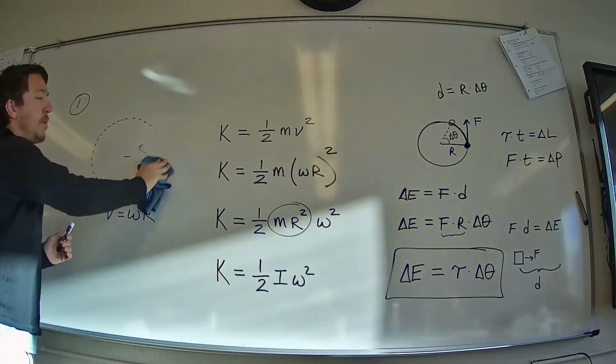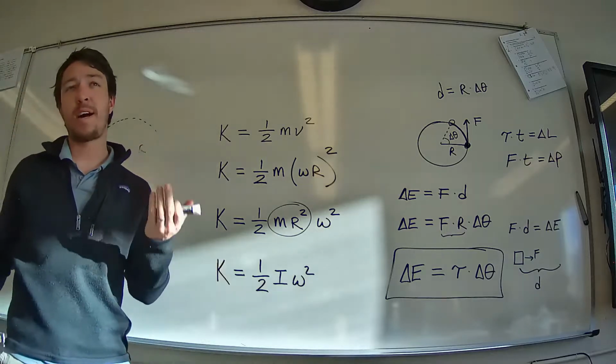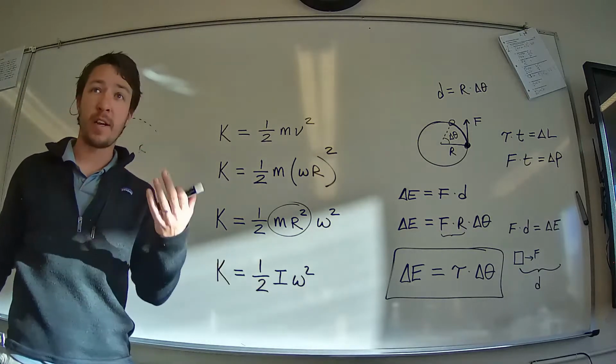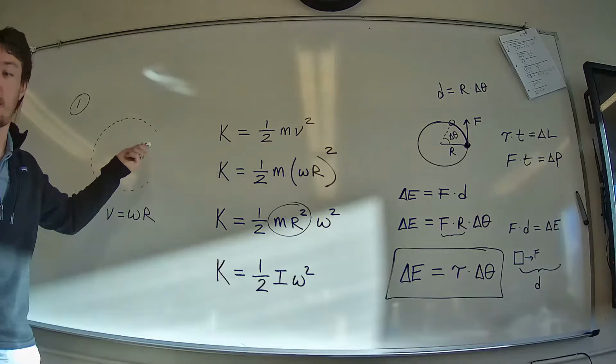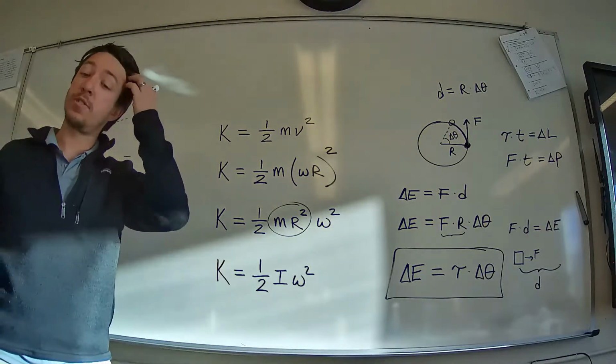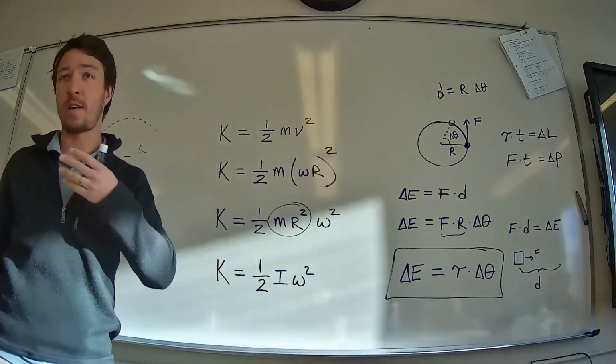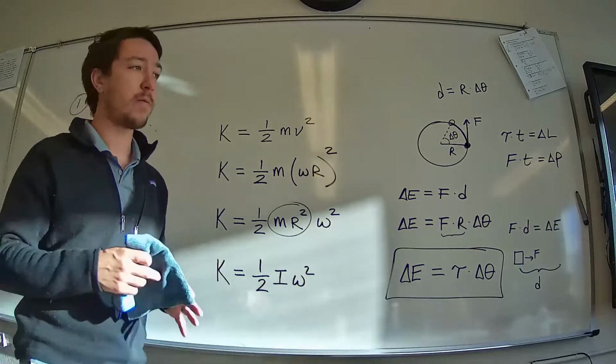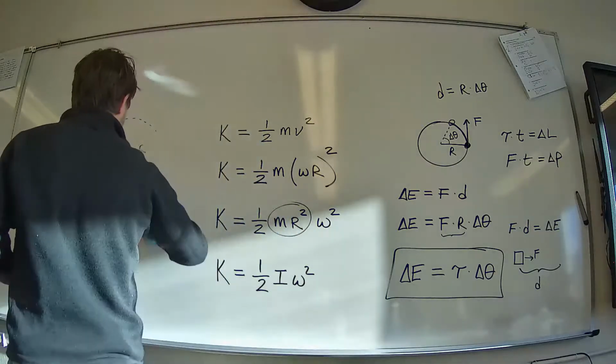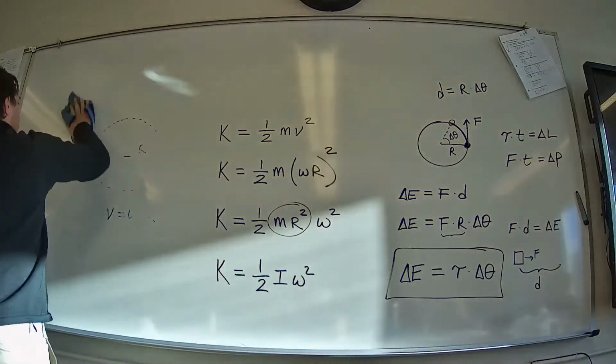And here's a place to start. It doesn't specify what kind of object it is. It doesn't say it's a sphere or a cylinder or a point mass or anything. So just assume it's some object that spins and give it an I value of I. Just call it I. Go from there. Just try your best.